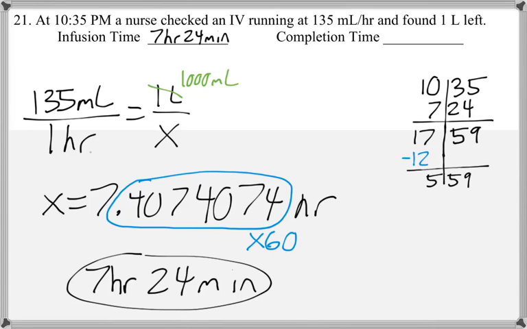So this will be 5:59, and it's going to be AM because we started at 10:35 PM, and if you go 7 hours and 24 minutes, that's going to put you in the morning. So 5:59 AM.